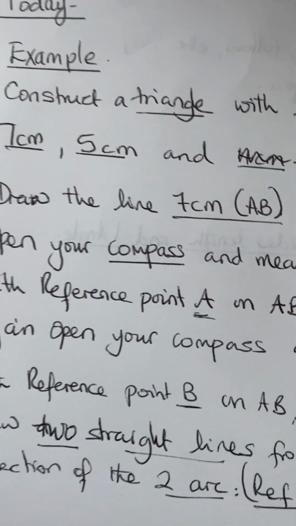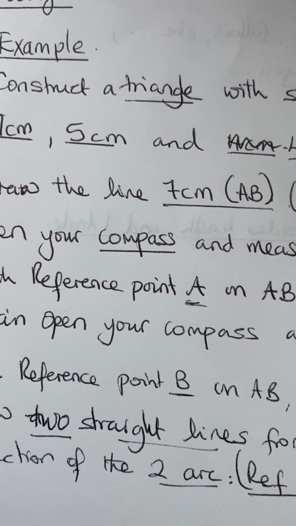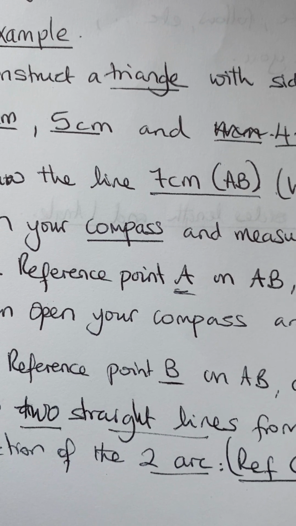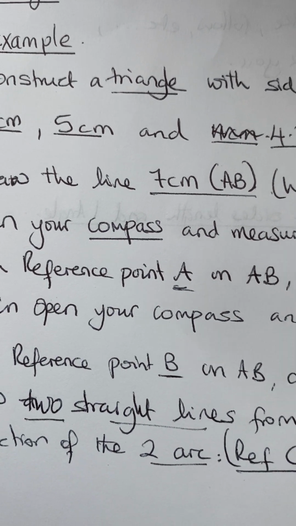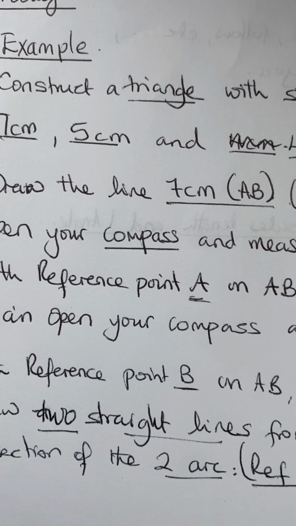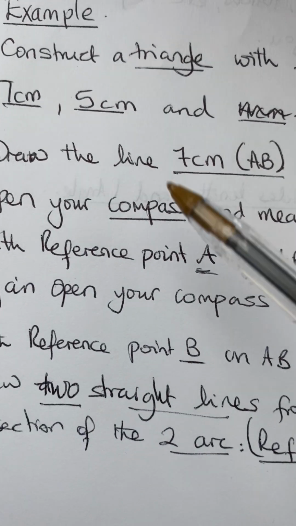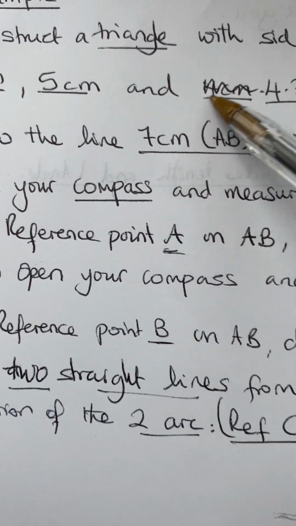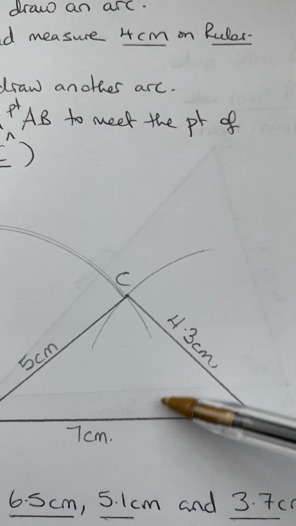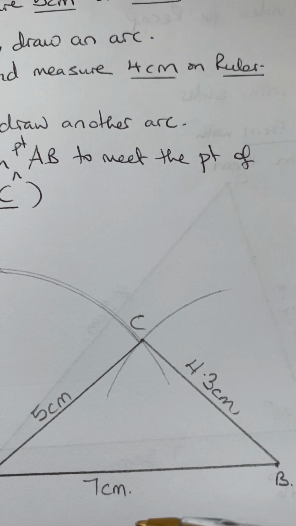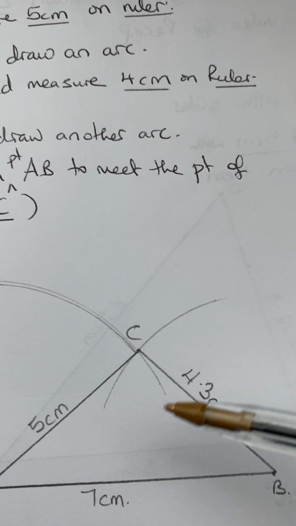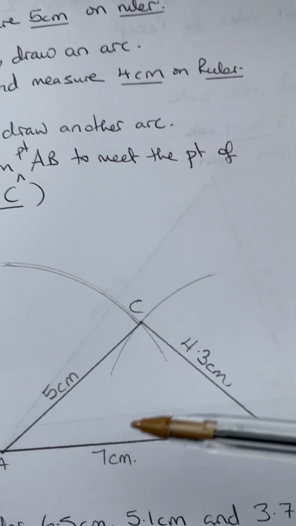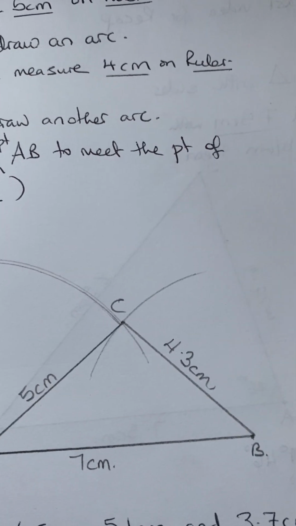I'm repeating myself, in case I said something wrong. We are going to use them to construct a triangle as I've done here. So you need a ruler and a compass. We don't need a protractor today because we are not measuring any angles.